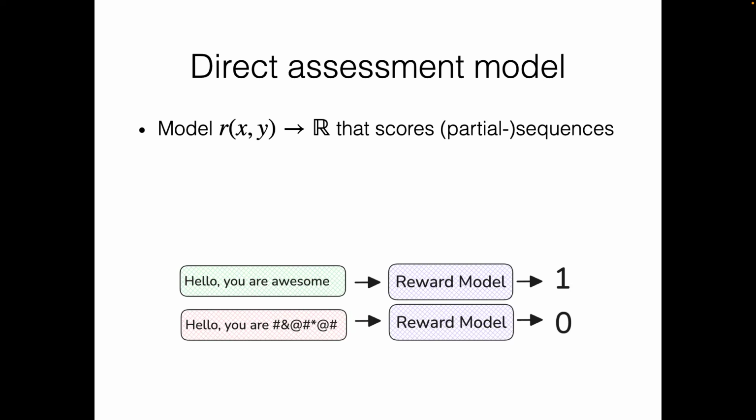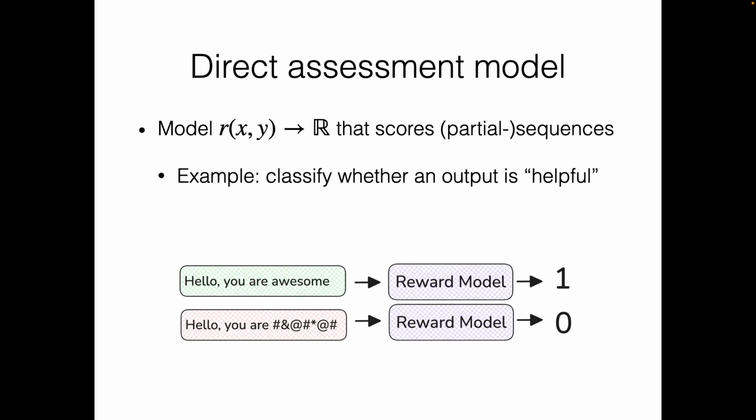Let's say that we want to give low rewards to things that are offensive. Here I've censored some offensive words. You might have a label of 1 for this output and 0 for this one, and the model would basically predict this number.